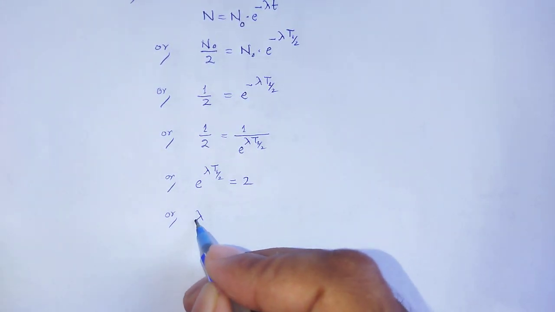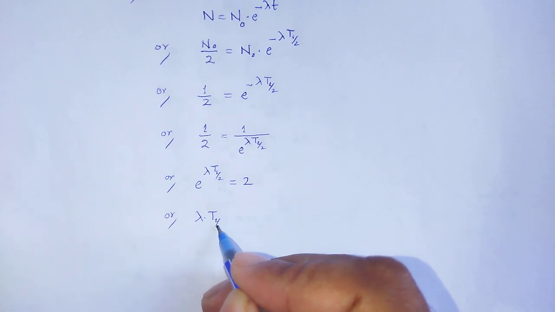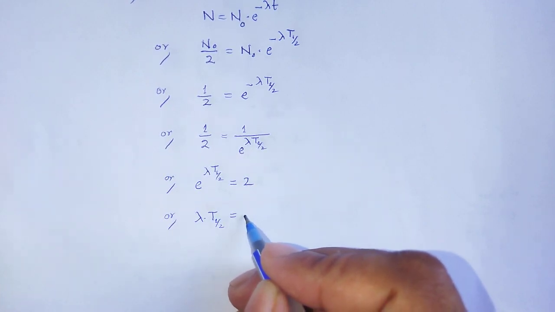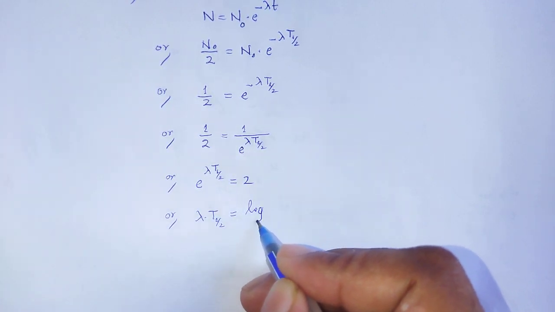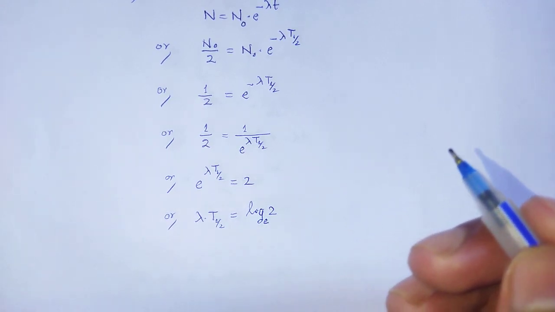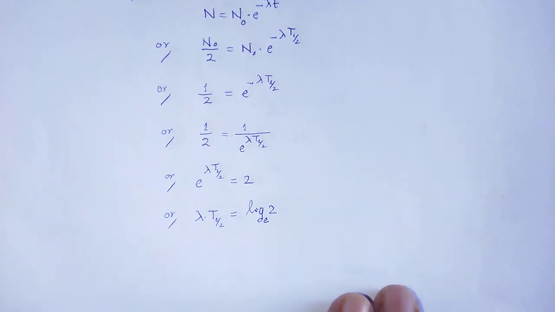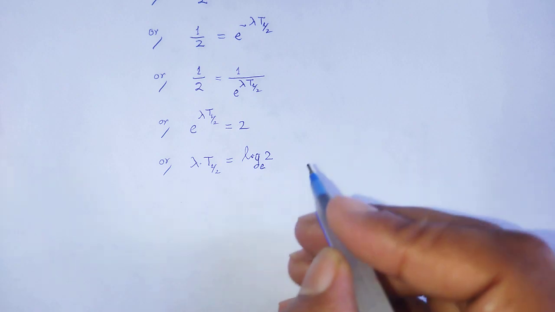Therefore, lambda into t half is equal to log 2 to the base e.